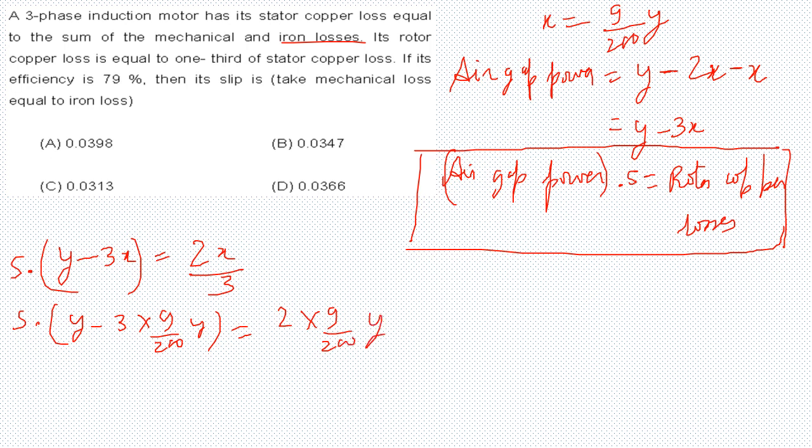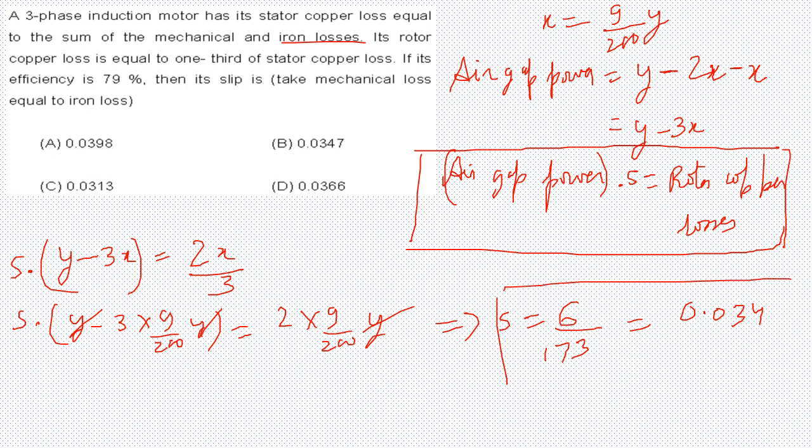If you see, y is common everywhere, so you can cancel it out. Now we have got rid of y. What we are left with is s equal to 6 by 173, which comes out to be 0.034.